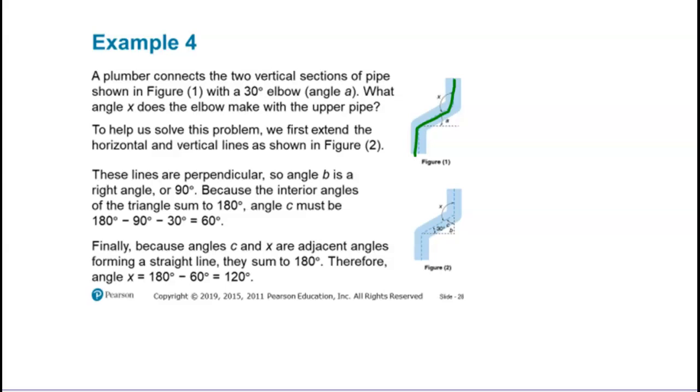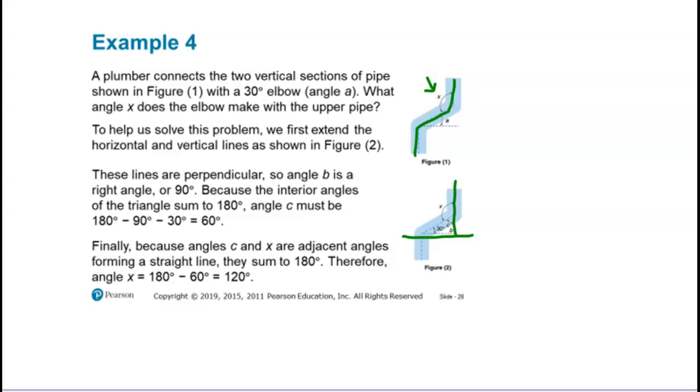It's asking us to find the angle X. To help solve the problem, we extend the horizontal and vertical lines as shown in figure 2.